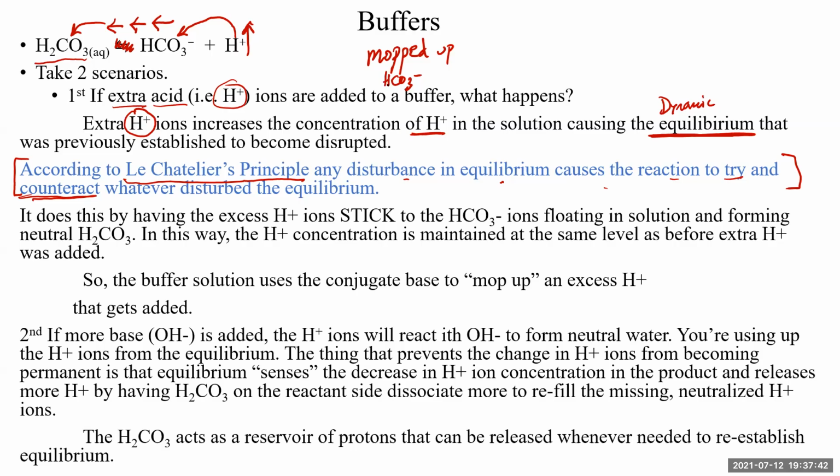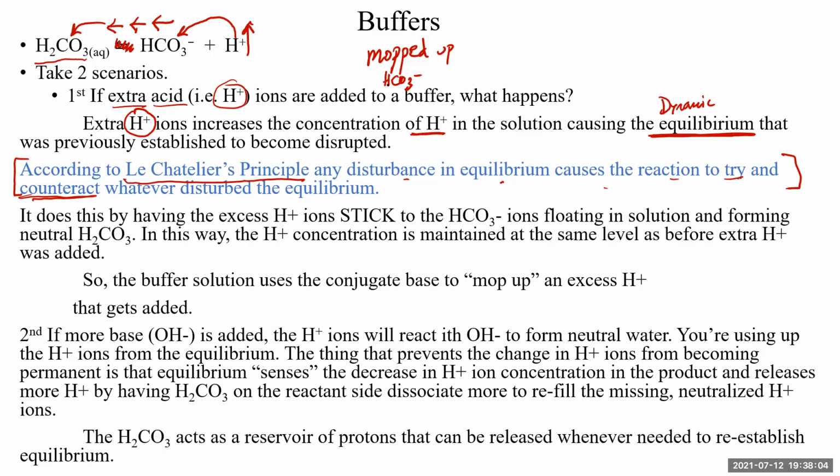Because in this case, the conjugate base of carbonic acid, bicarbonate, has a somewhat strong tendency to reuptake hydrogens if there's too much hydrogen concentration around, you have this mopping up effect. Now imagine if this were a strong acid's conjugate base.